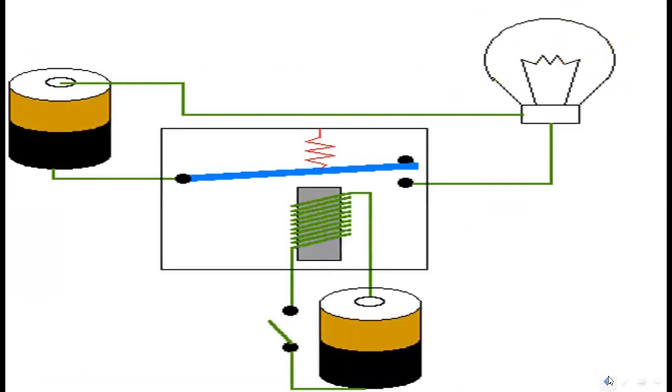Here you see, when the wire is connected, the electric current starts flowing and the bulb lights up.